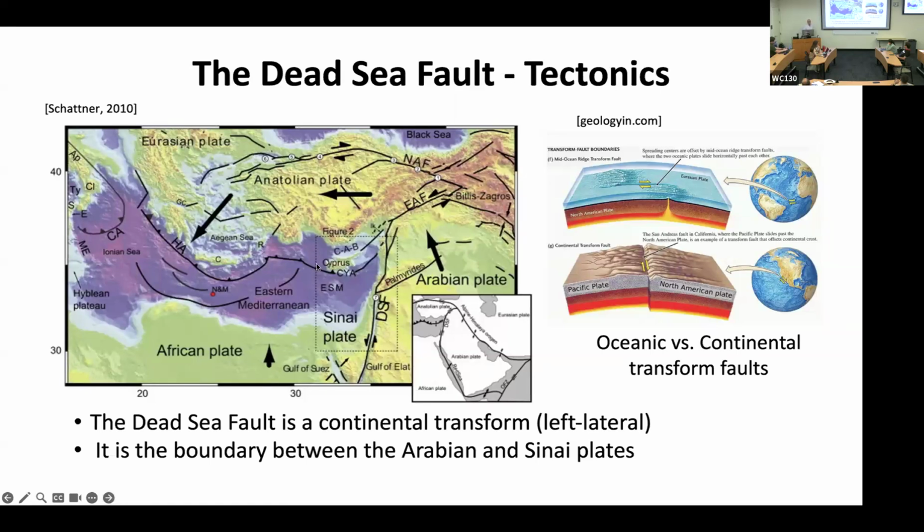And there are three major faults that we call continental transform. The Dead Sea fault right over here. And then there's the East Anatolian fault and the North Anatolian fault. And the major plate tectonic picture is that the African plate is moving northward and colliding with Eurasian.